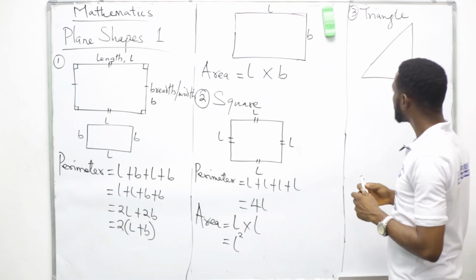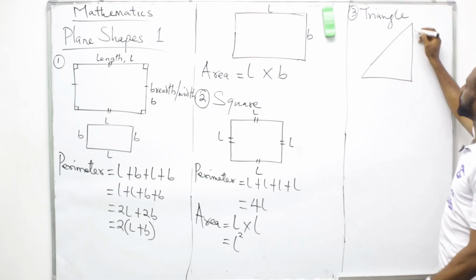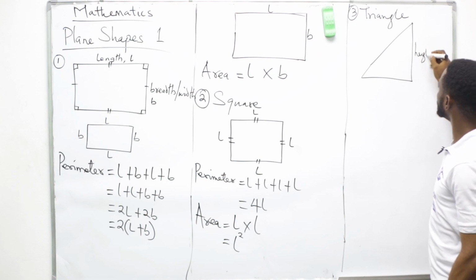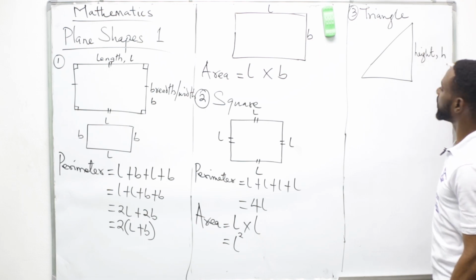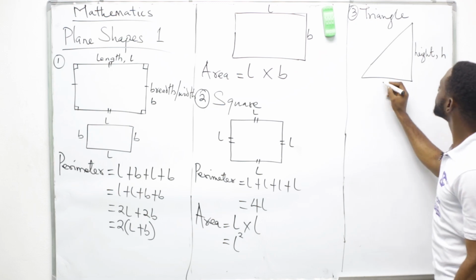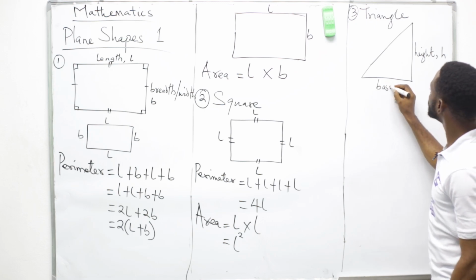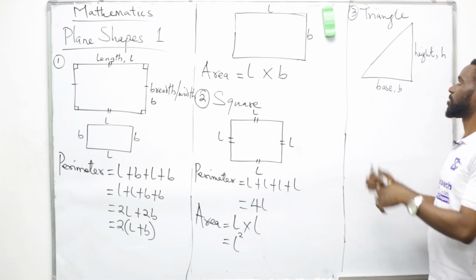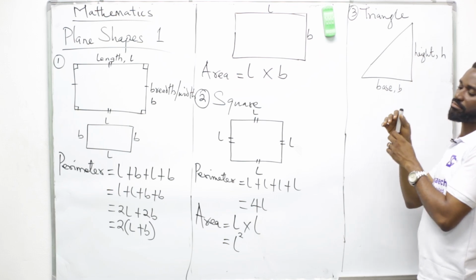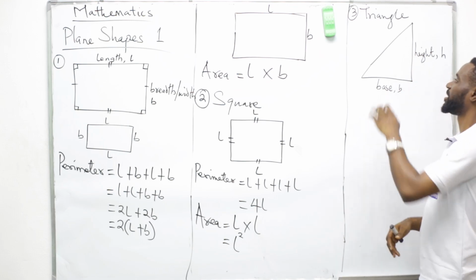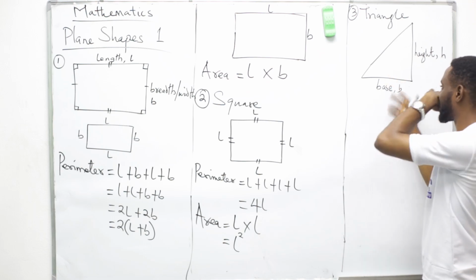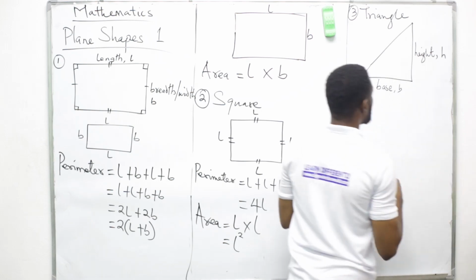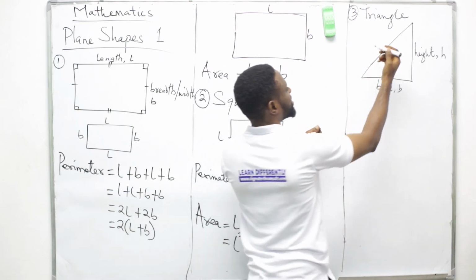And in this triangle, this is the height of this triangle. From this point to this point is the height of this triangle, giving us H, while this is the base of this triangle, giving us B. Now, in this triangle, let's assume this is a right angle triangle, meaning here is the hypotenuse, but that's not where we're going.